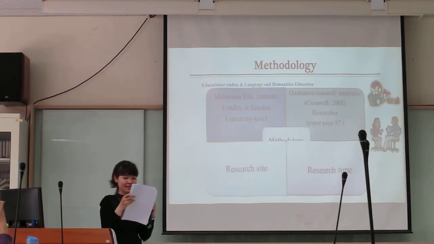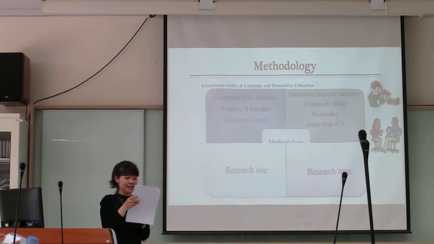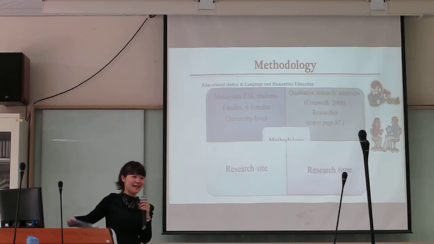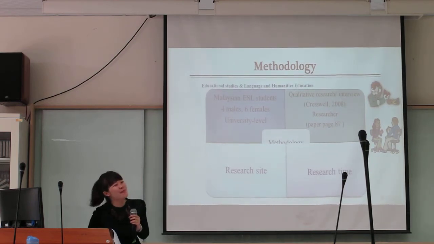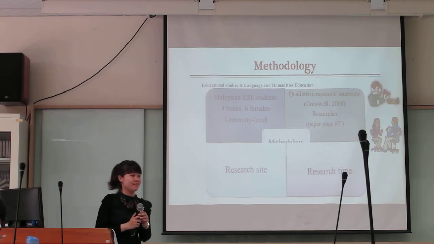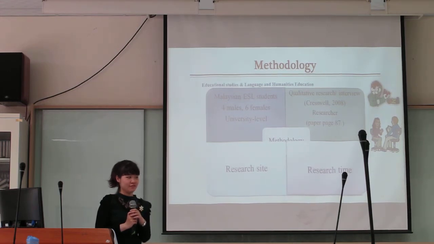So please explain anything on page 87 you want to identify. I focus on the researcher being the main instrument of analyzing the data. I thought that we wanted to see the interview questions. Are there any research questions on this paper? No. Okay.